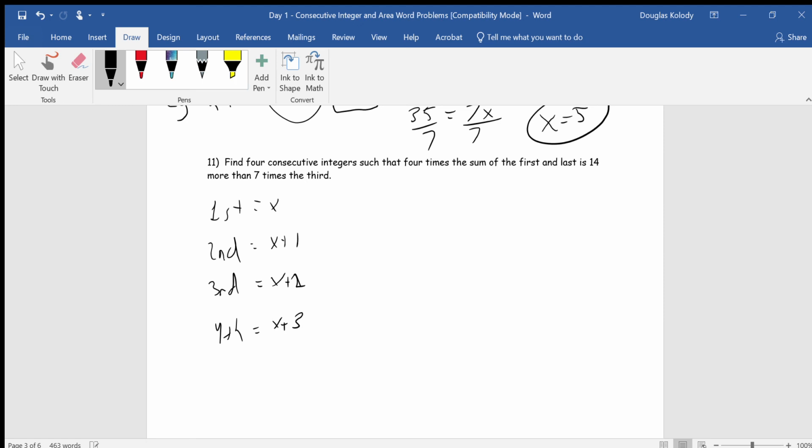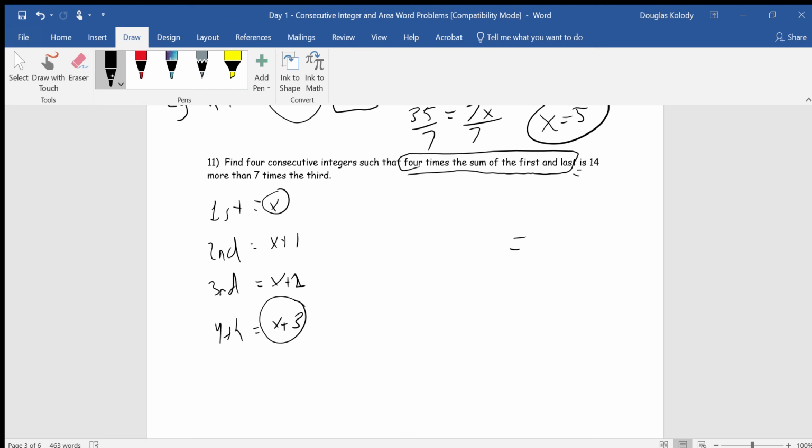All right, such that 4 times the sum of the first and the last is 14 more than 7 times the third. Wow. Let's start with the word is, equals. So it says 4 times the sum of the first and the last. The first is x, the last is x plus 3. I'm going to start with the sum of the first and the last.